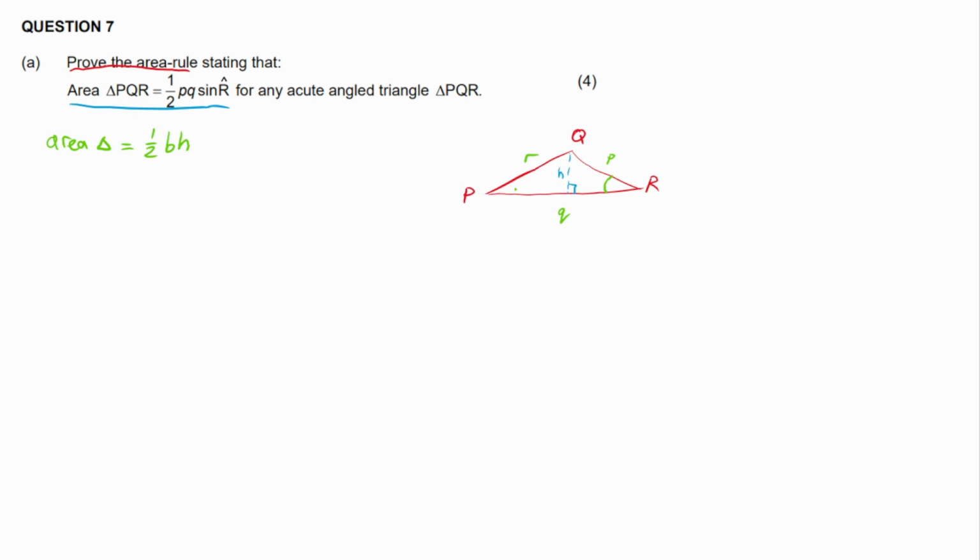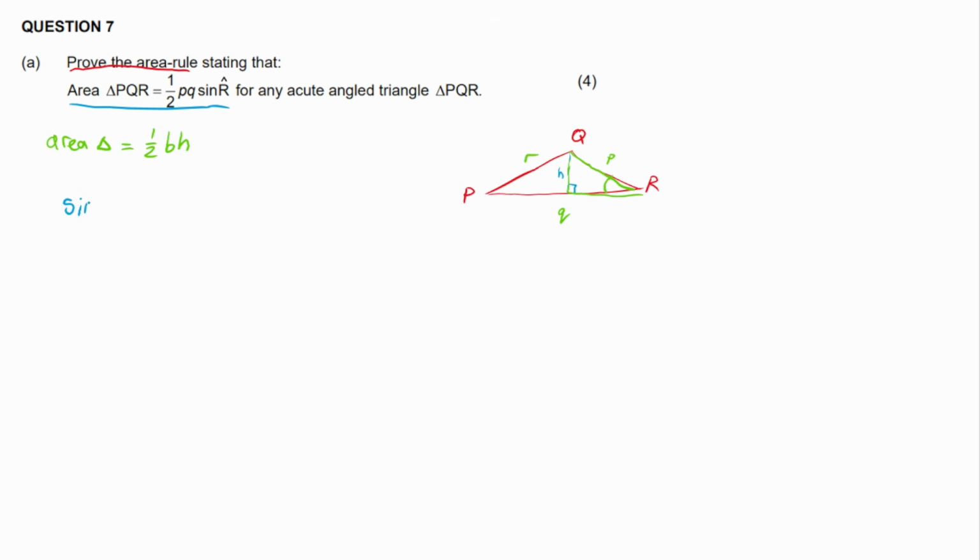So we know the base of this triangle is just PR, but we need to determine the height. To determine this height, we're going to be working in this little triangle over here. We can use our normal trig ratios.